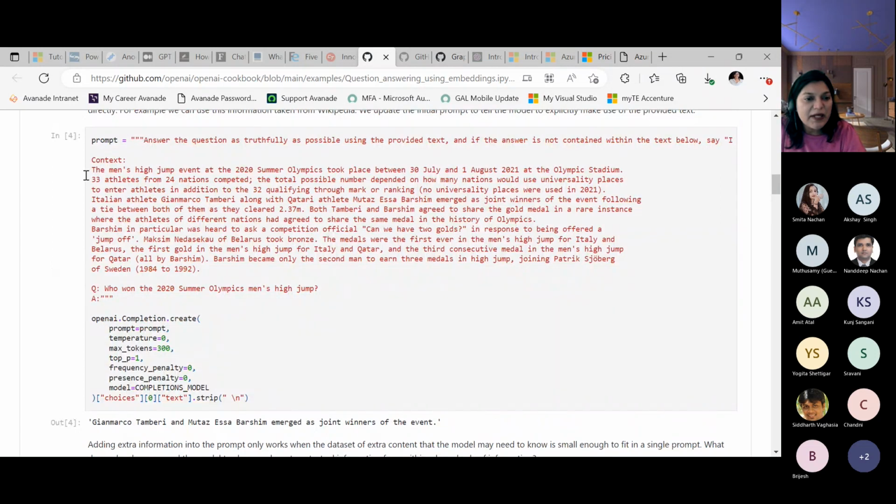For example, I'm giving this context and then telling it that Summer 2020 Olympics is an event, or Olympic Stadium is a location, or Makim Nedasco is the name of a person, right? So on and so forth. Bronze is a type of prize or a medal. I can just teach it a few things, and then you give it paragraphs, it will be able to formulate entities and relationships.